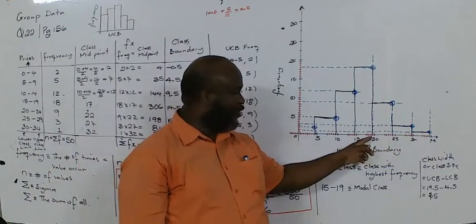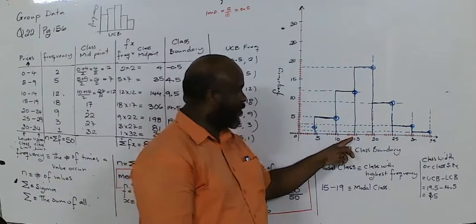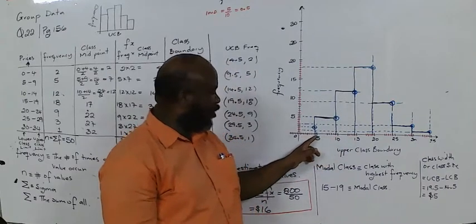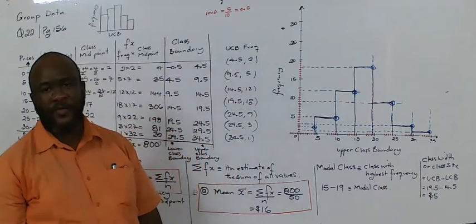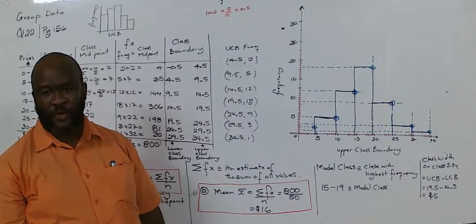This one starts just before what? 20. This one starts just before what? 15. This one starts just before 10. This one just before 5. So the first one would start just before what? 0. It does not start at 0, it starts just before 0.